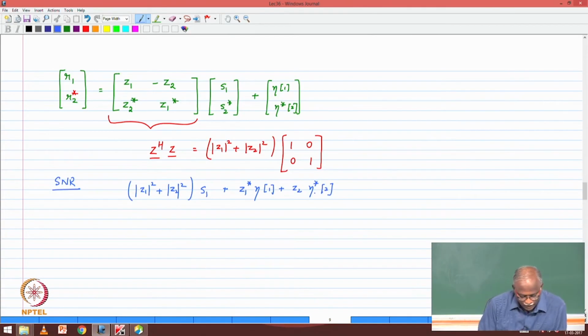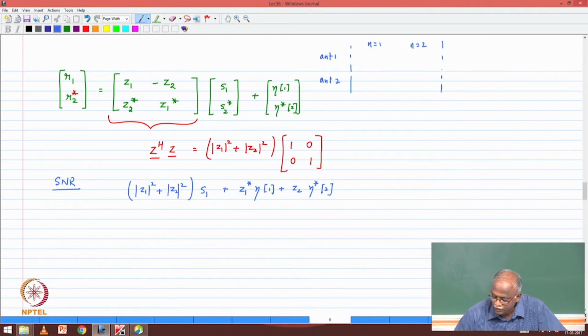Okay. Now, you get several equations. What happens in time instants 3 and 4? In time instants 1 and 2, this is what we transmitted: antenna 1, antenna 2, time instant n equal to 1, n equal to 2. That's all we have specified so far.